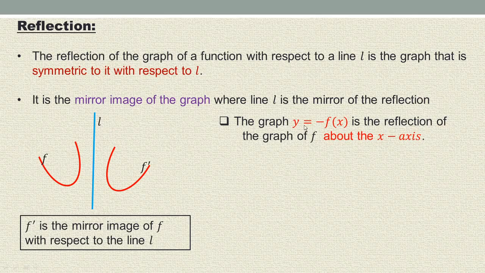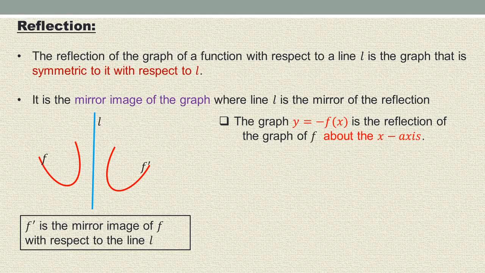We have three important points and you should remember them. If you have y is equal to minus f of x, this is the reflection of the graph of f about the x-axis. I changed the color for the important key points, and you should note it down.